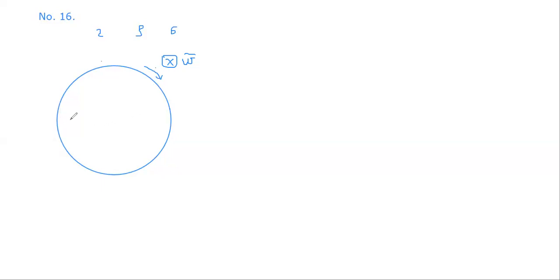So I'll draw a vertical line. I'll draw the diameter of the ring, in dash line.